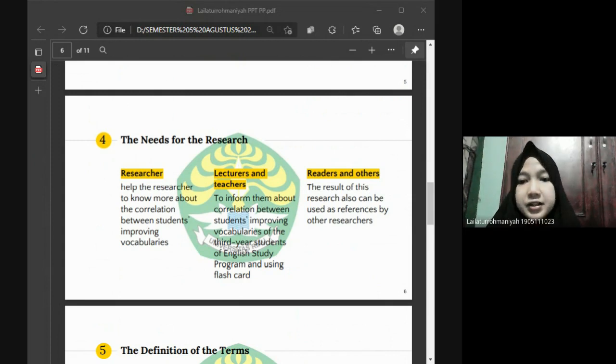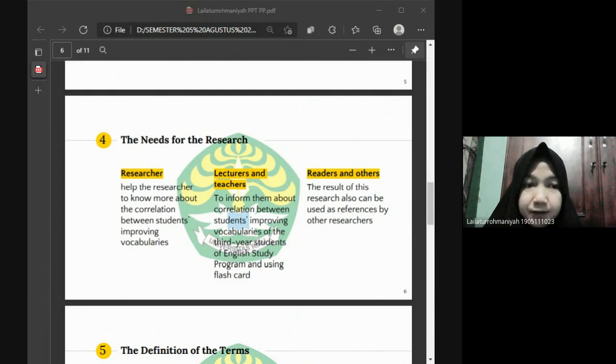And then for lecturers and teachers, to inform them about correlation between students improving vocabularies of the third year students of English study program and using flashcards that should be solved by the teacher in order to make them interested in learning.